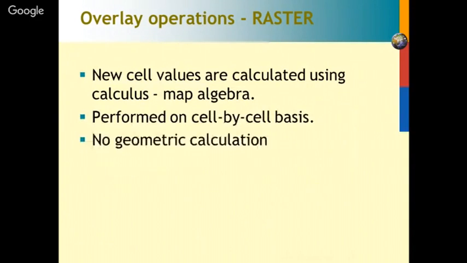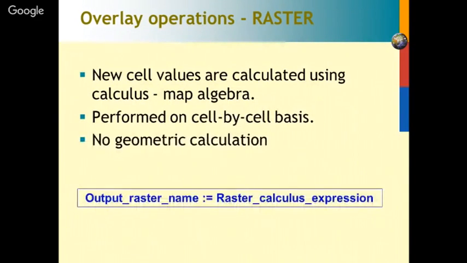Just as we have different tools for vector data sets, we also have an overlay operation which is possible in raster data sets. In raster data sets, we calculate or generate new values by performing operations on a cell by cell basis.